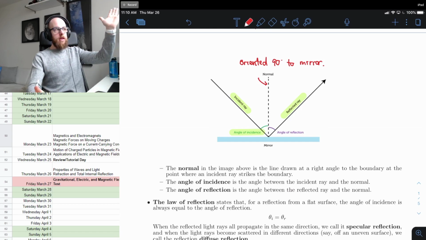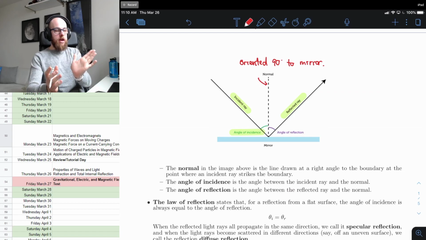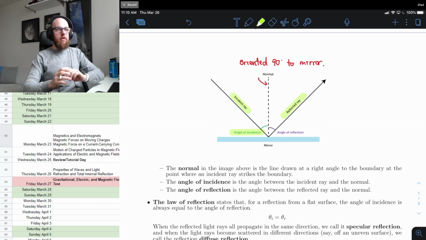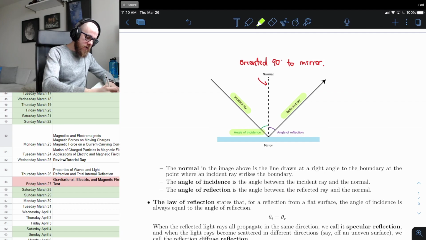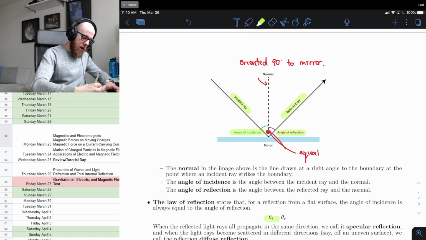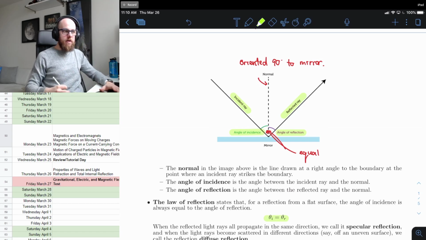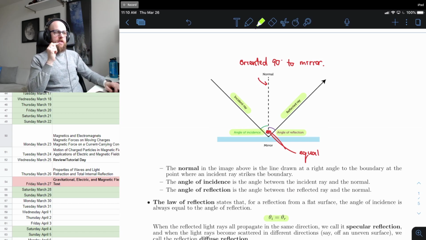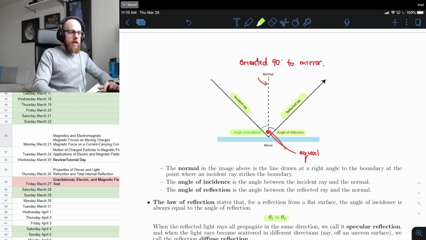The angle that the light is incoming at is the same angle as the light is outgoing at. That rule is stated mathematically down here: theta i, the angle of incidence, is equal to theta r, the angle of reflection. And that's pretty much it.